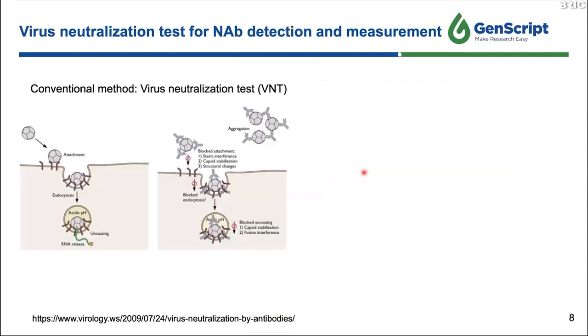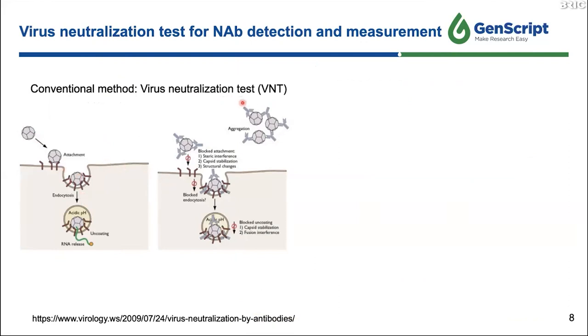So how is neutralizing antibody measured traditionally? Here I would like to first introduce the conventional method, called the virus neutralization test. As shown in this image, when there is no neutralizing antibody present, the virus will infect the host cell.